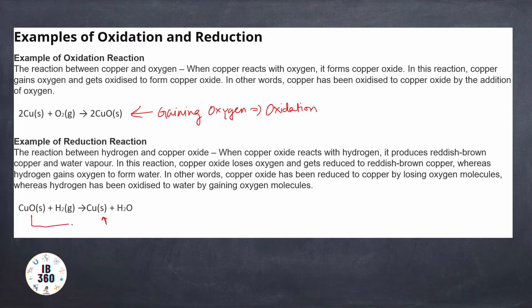This part where copper oxide is turning into copper, there is loss of oxygen, so this would be reduction. But the other part of the reaction, where hydrogen is getting converted to water, hydrogen is gaining oxygen, so this would be oxidation. Oxidation of hydrogen to water, gain of oxygen.